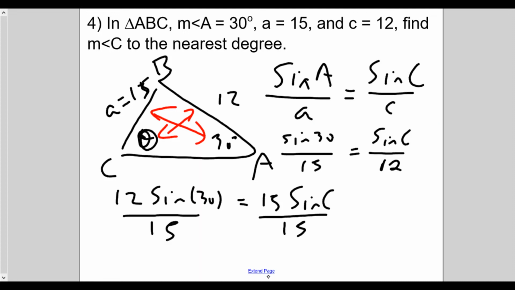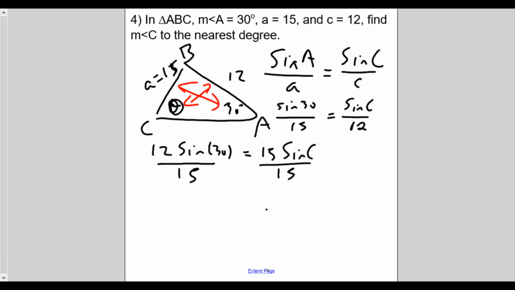We're going to find that the sine of C is equal to 12 times sine of 30, and sine of 30 is 1/2. So that's 6 over 15, and on your calculator, 6 over 15 is going to be 2 over 5.